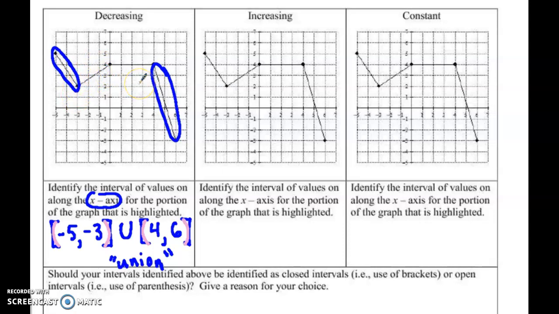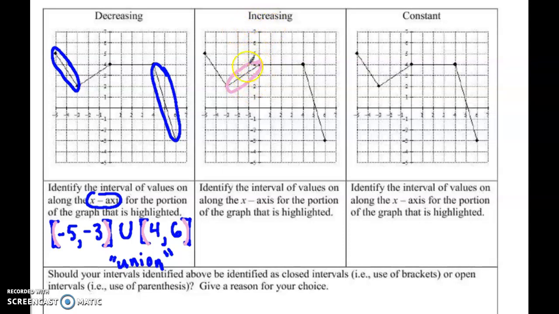A person would say, well, how can you increase and decrease at the same time? And a quick answer would be you can't. I'm not going to get into an argument over it. I'll accept both as correct. So whether it's parentheses or brackets, I'll accept both answers. But I'm going to go with what the higher math people use, brackets.